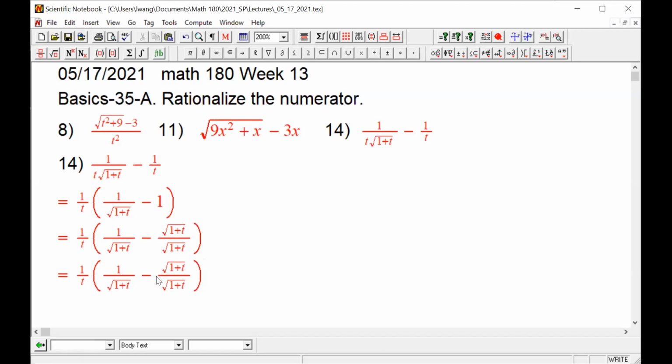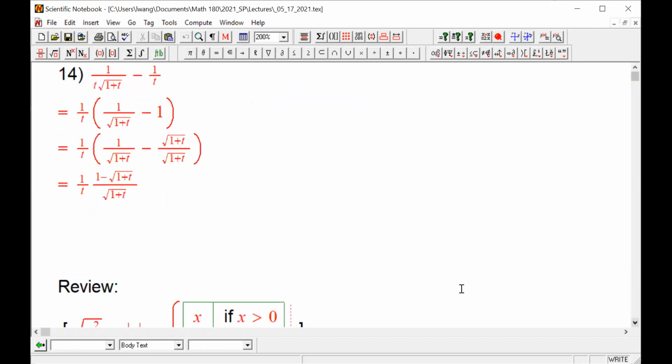And then I will do the subtraction. So now I get 1 minus the square root of that, so this term is gone. It turned into something like that. And rationalizing: when you're rationalizing, you only have to worry about this piece.